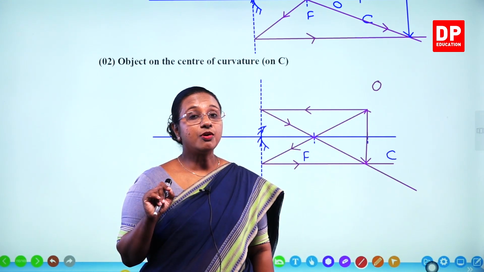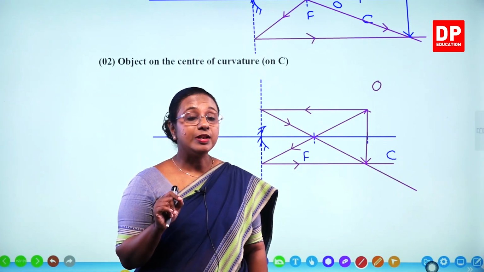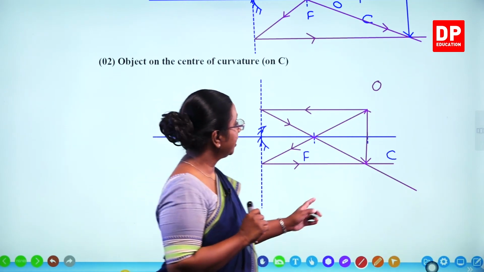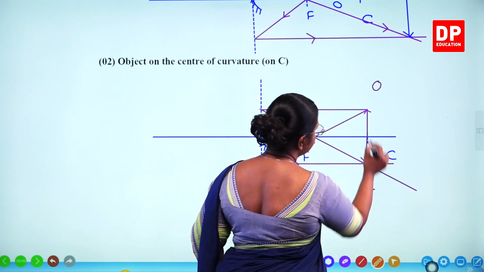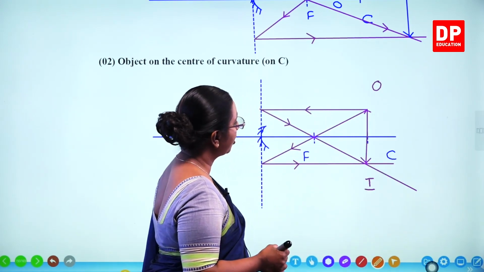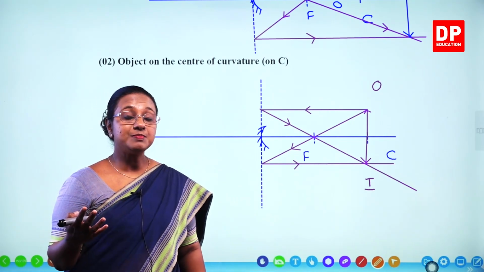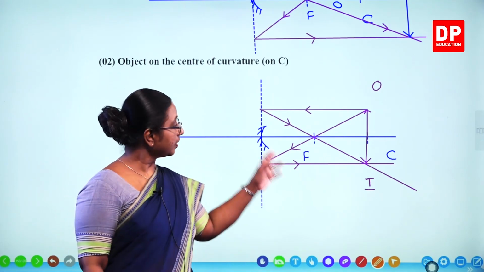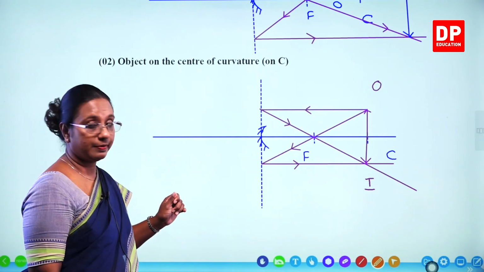But when you all draw, if you draw very thin lines, you will be able to draw the correct position for the image. It has to form on C. So the image and the object are on C. Image is inverted, the same size, and it will be real. So that is the object on the center of curvature.